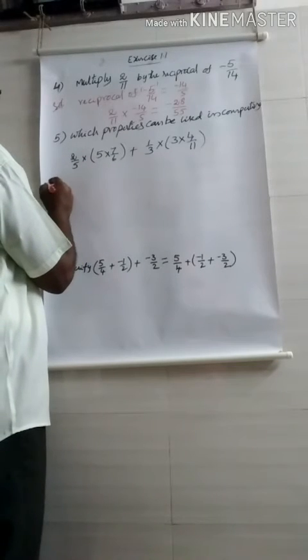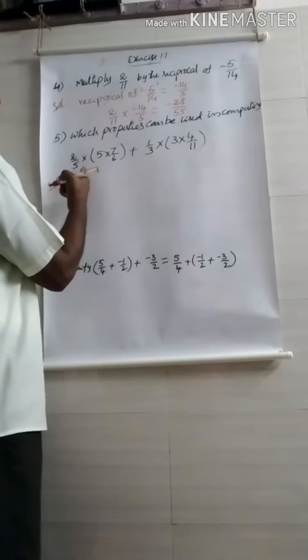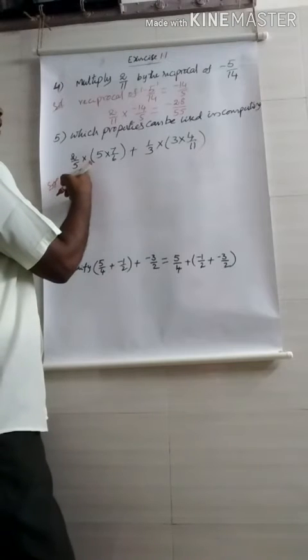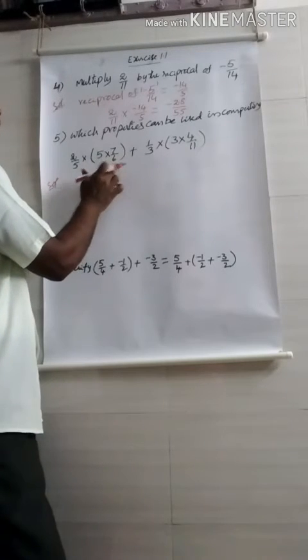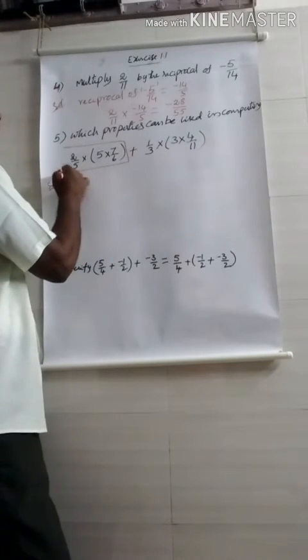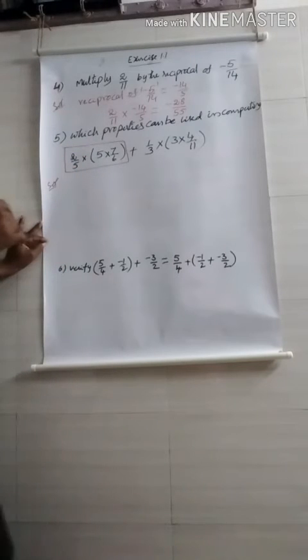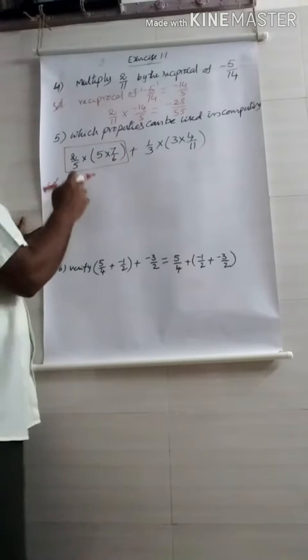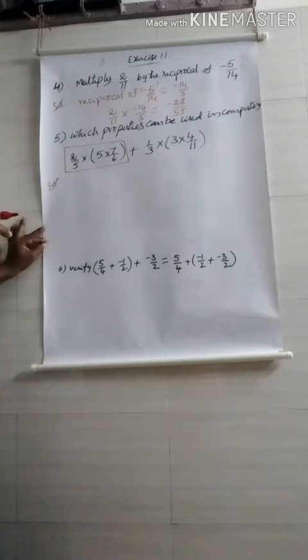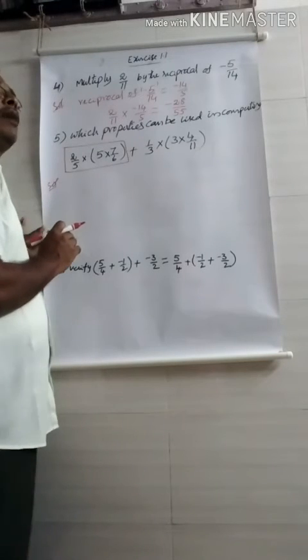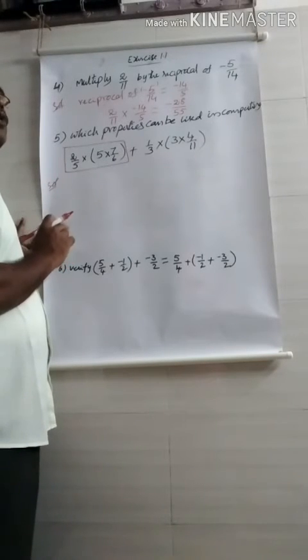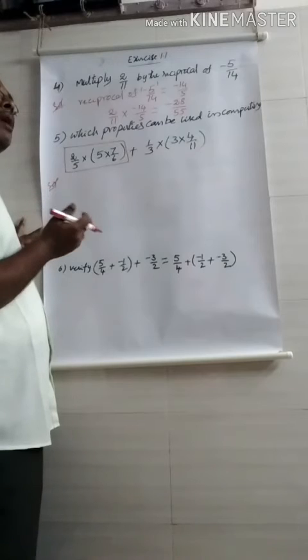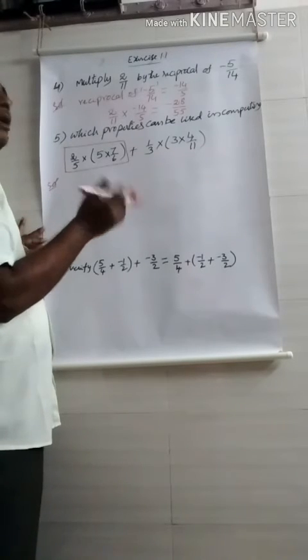Here the solution is 2 by 5 into 5 into 7 by 6. This looks like what property? Associative property. What is the symbol between the given rationals? Multiplication symbols. So the property we can use in the first one is multiplicative associative property, or associative property under multiplication.